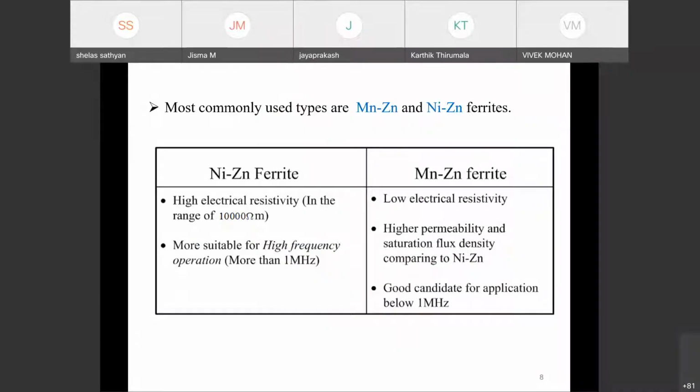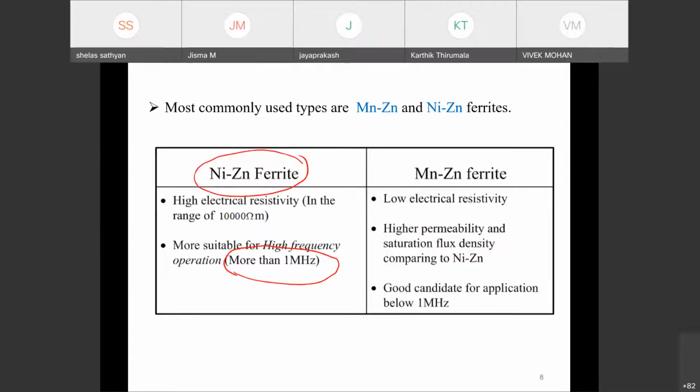Even though it is iron oxide with a different metal, most popularly there are two classes of ferrite core. One is manganese zinc and another is nickel zinc. If your application is required to operate at very high switching frequency, that is more than the 1 megahertz range, then the most preferable ferrite core is nickel zinc.